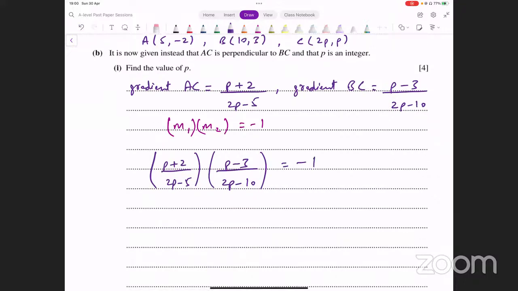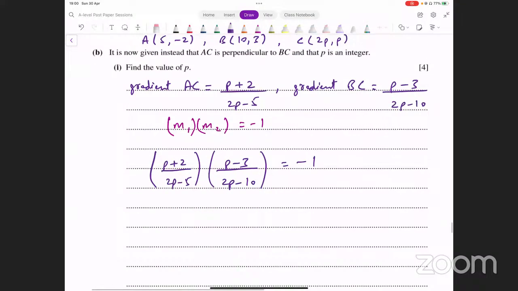Now just do this multiplication. अच्छा, क्या कर सकते हैं? हम कहते हैं let's simplify this. If we multiply the numerators, that gives us P squared plus 2P minus 3P, that's going to be minus P minus 6. In the denominator, we have 2P into 2P, that's 4P squared, minus 10P and minus 20P, that's going to be minus 30P plus 50.